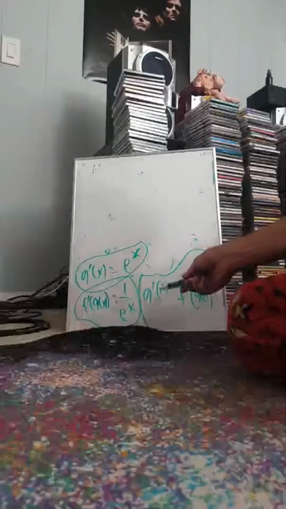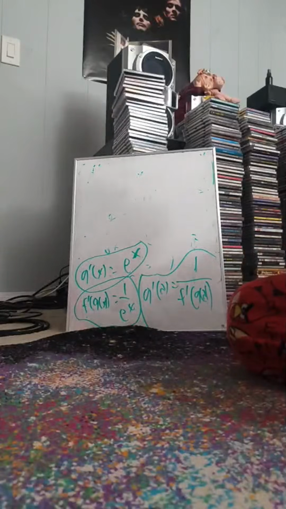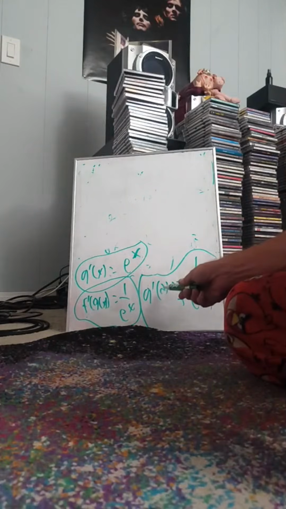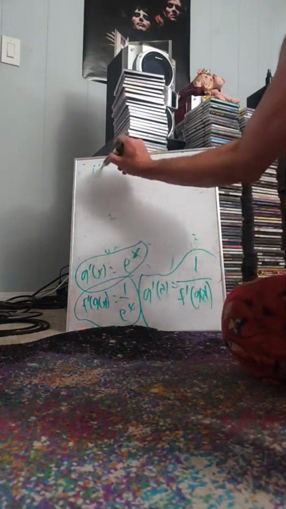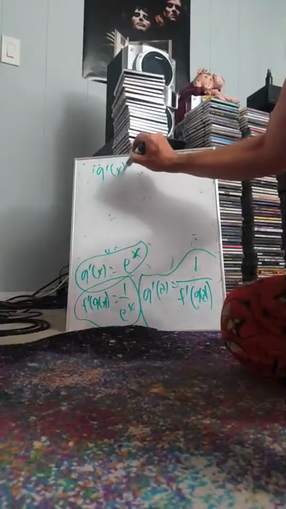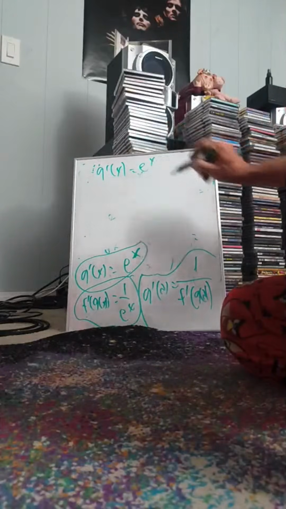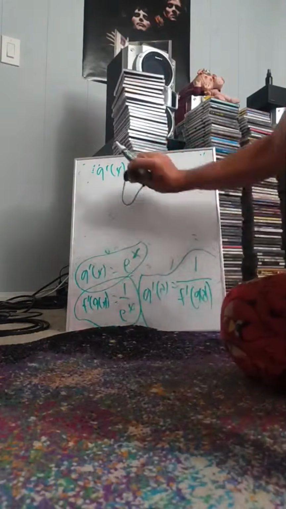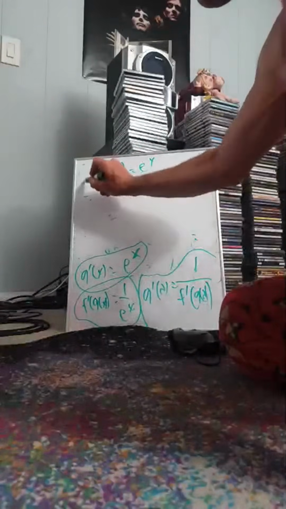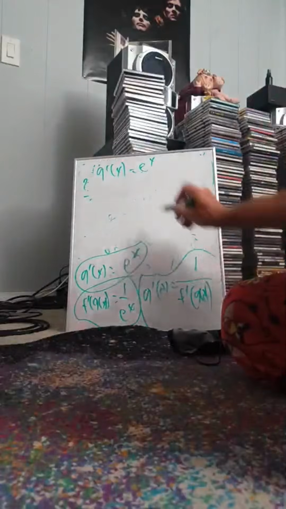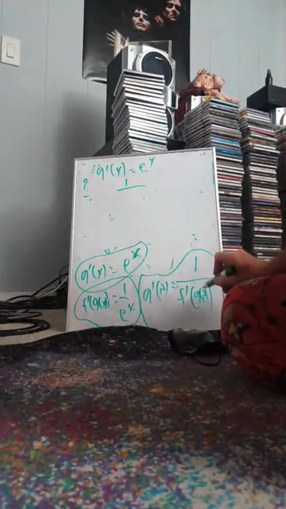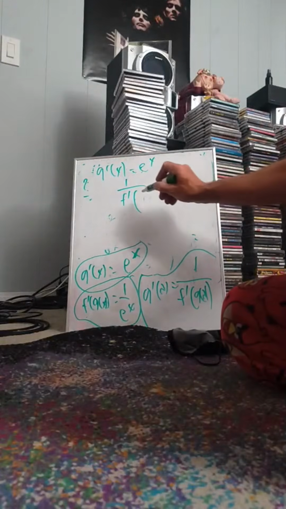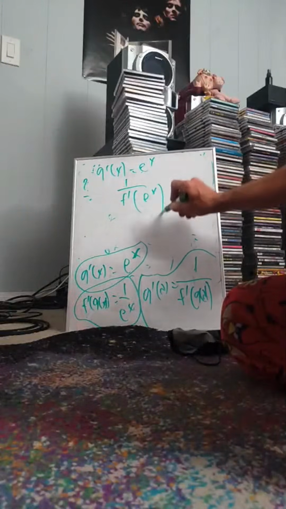We got this and this, and we're going to verify this. We want to verify that g prime of a equals 1 over f prime of g of a. If g prime of x is e to the x, then g prime of x equals e to the x. Is that equal to 1 over f prime of e to the x?